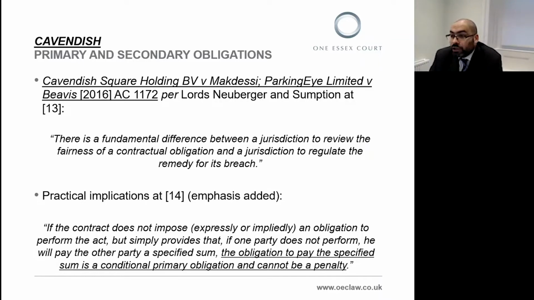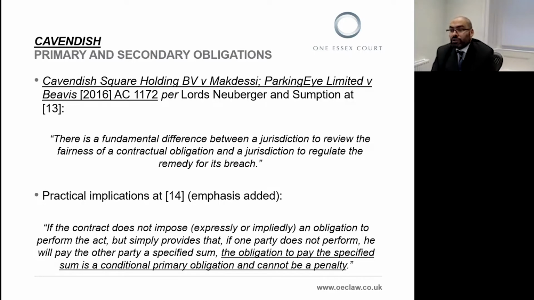And they carried on: "Leaving aside challenges going to the reality of consent, such as fraud, duress, and undue influence, the courts do not review the fairness of men's bargains, either at law or in equity. The penalty rule regulates only the remedies available for breach of a party's primary obligations, not the primary obligations themselves."